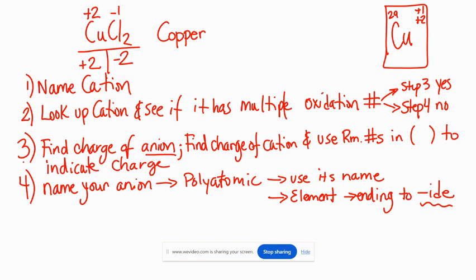And then continue on with step 4. So this is going to be copper 2 chloride. That 2 that you just calculated comes over here in Roman numeral form. See why I needed your attention to this one? It's a little different than the other ones that we've done so far today.